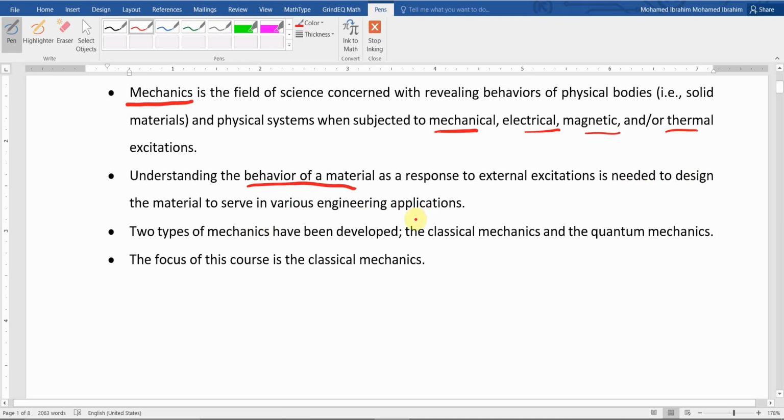As I mentioned, for example, in the undergraduate course, before you register for the design of machine elements, there was a prerequisite course, mechanics of materials. So you should understand the mechanics of the material first to be able to design this material for different engineering applications. And this is typically what you studied at the undergraduate level.